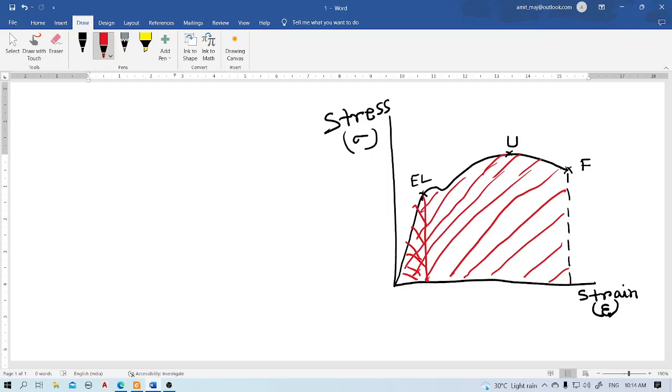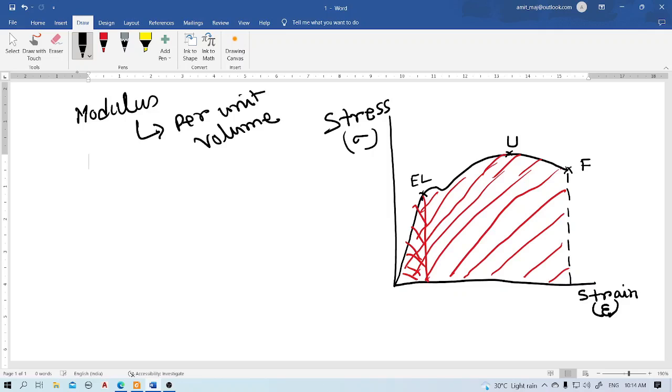Why is the term modulus coming? Let's understand this. Modulus means it defines per unit volume. Understand this diagram.